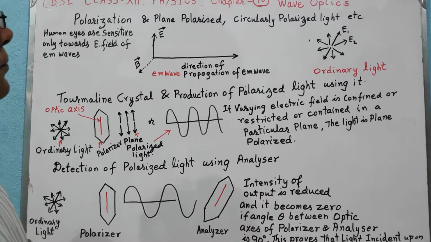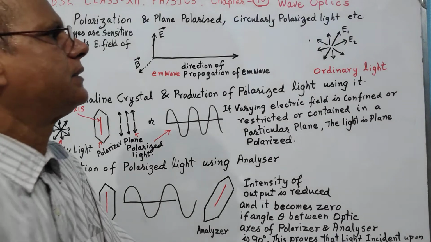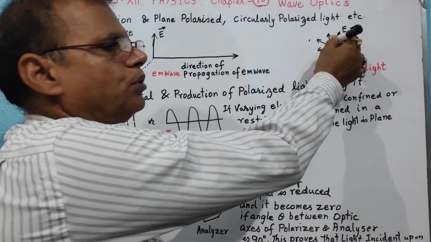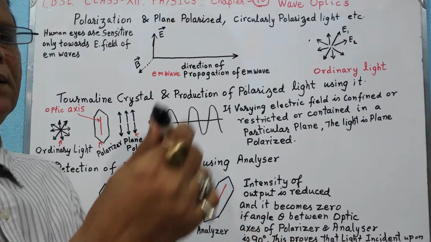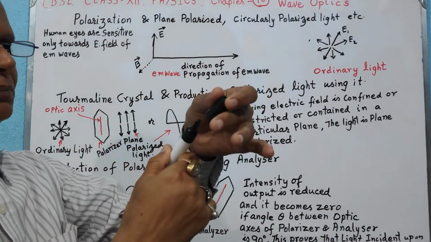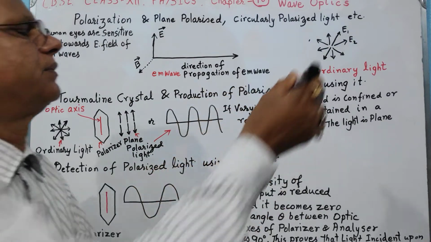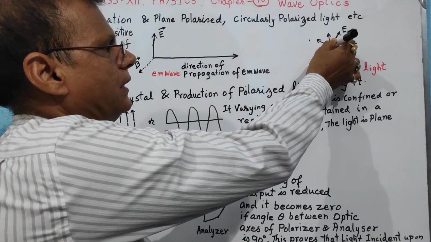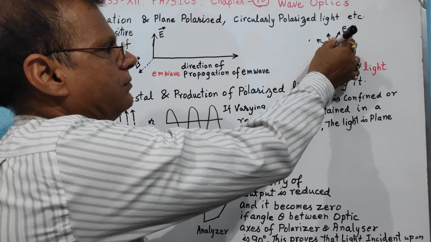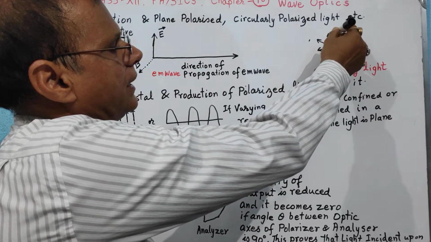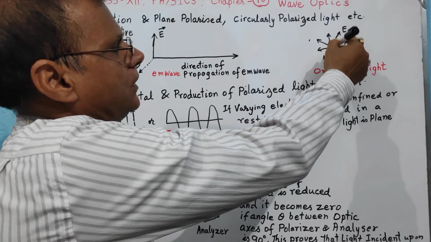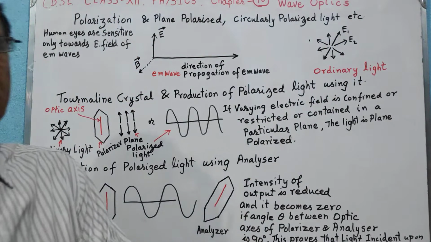Now, if we consider that light is traveling from the board towards you, and say the direction of the pen is showing the direction of propagation of the electromagnetic wave, then we have variation in electric field in all directions. How is this possible?